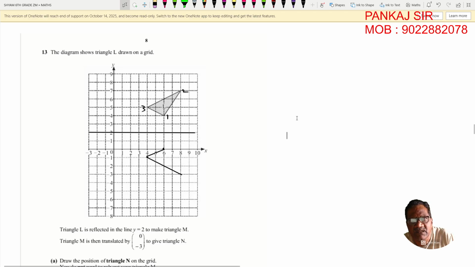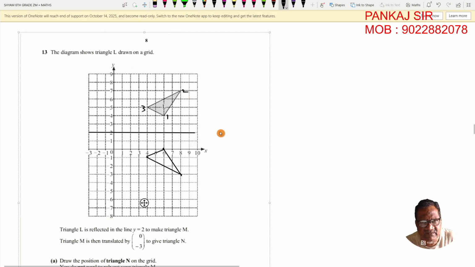Two, and this one also. From here to here. So this is my reflected triangle. When L is reflected on this, my y equal to 2, this line. This I will name as M, triangle M. So triangle M I have made.